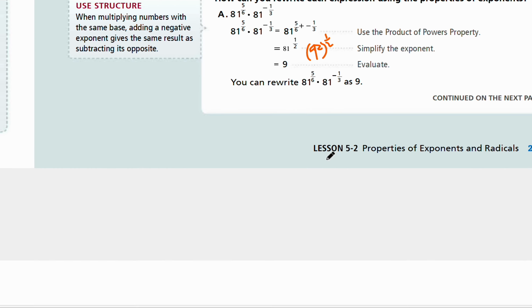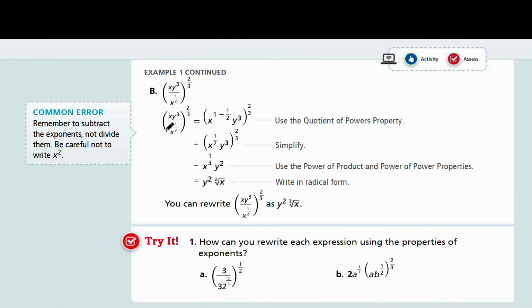So use the property. Part B, let's simplify this expression. We're going to have the power of a power property. So in this case, you have to distribute the powers, if you want to distribute the powers first instead of using the quotient of powers property.